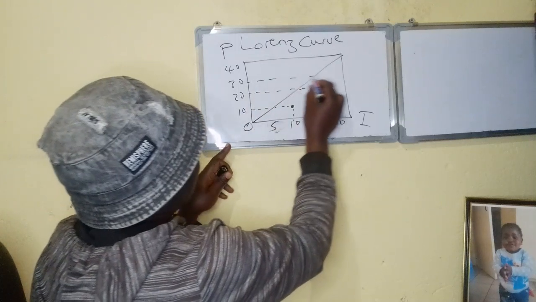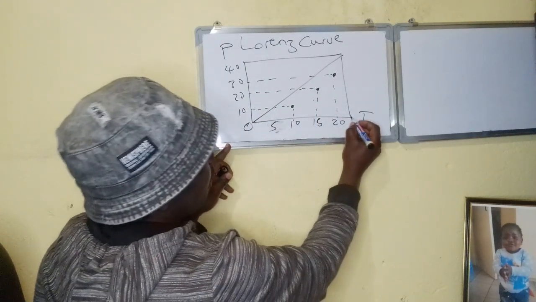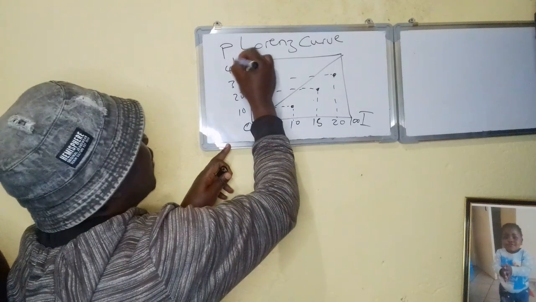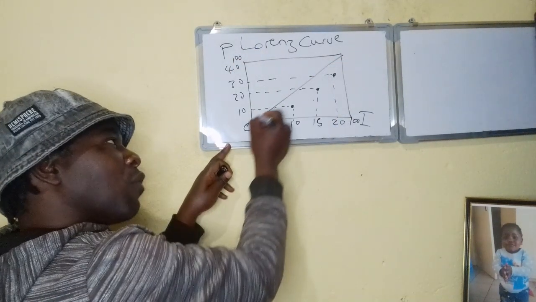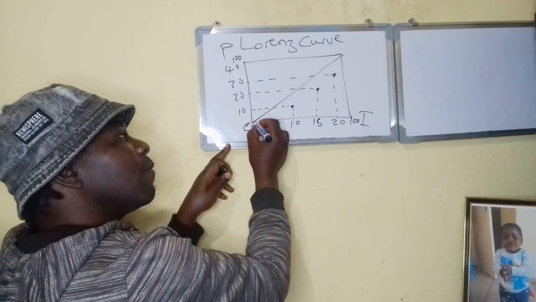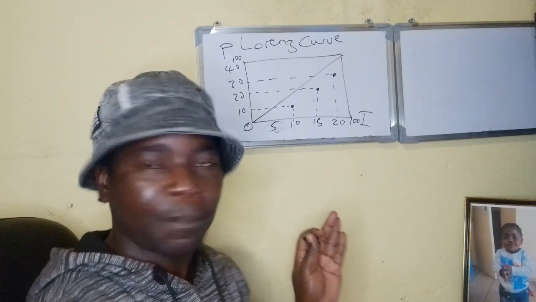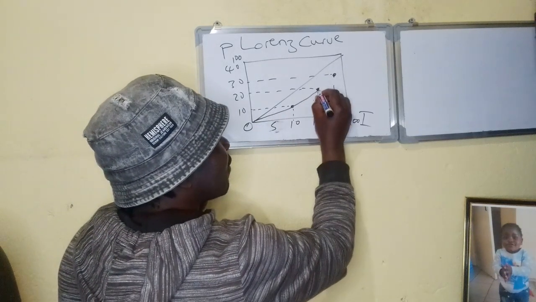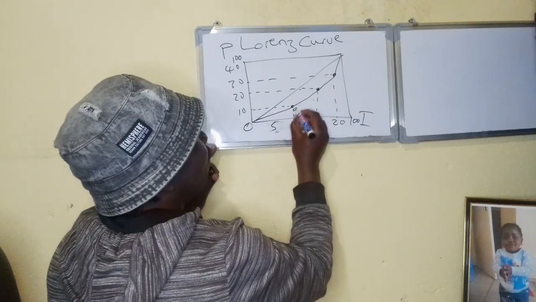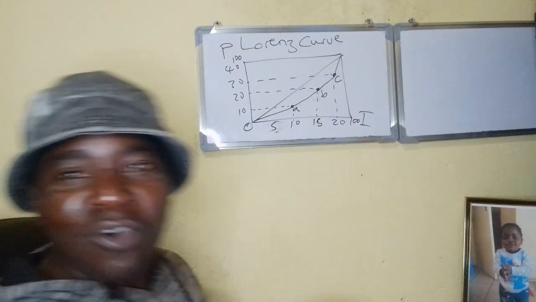And then if 30% takes 20%, you will have your dot here. But your numbers must reach 100 here and must reach 100 here, by the way. Then this is a line of equality. If the distribution is along this line, then it's equally distributed. If it's not, then you will have a situation like this, and then you'll have A, B, C. And then this is your Lorenz curve, you are done.